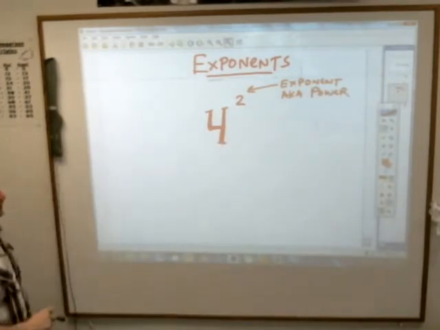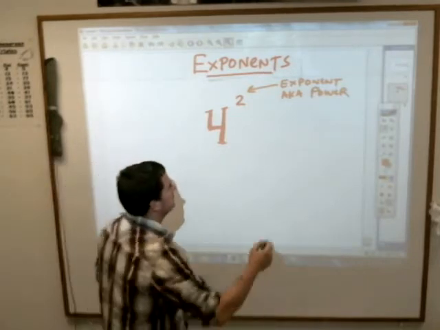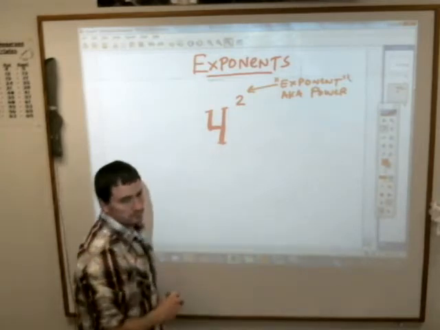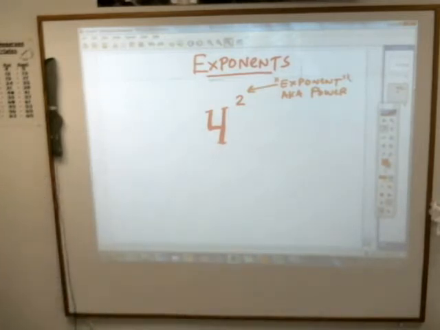What does that little 2 mean or do? Nick? It makes it 4 times 4, so it's 4 to the second power.